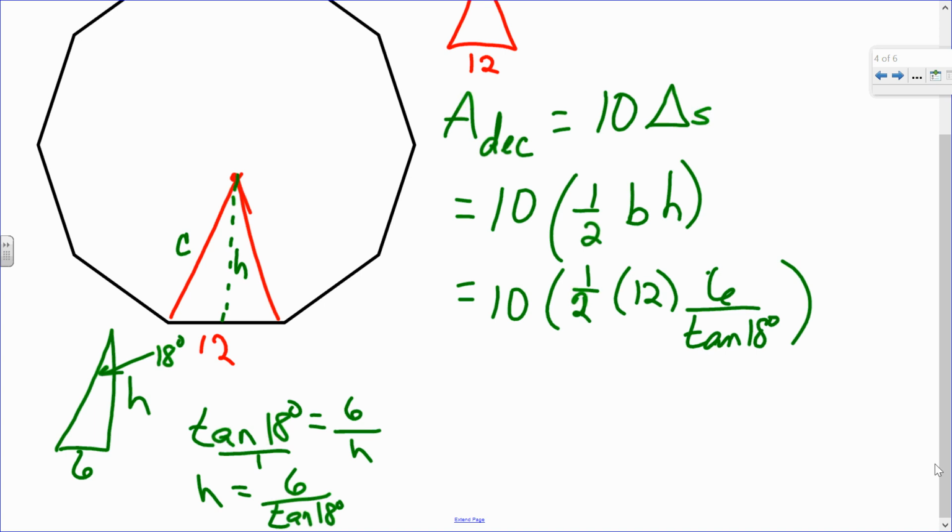Okay, let's clean that up a little bit before we enter it on the calculator. 10 times 1/2 is 5 times 12 is 60 times 6 is 360. So please enter 360 divided by the tangent of 18 degrees, and let me know what we get for this area.